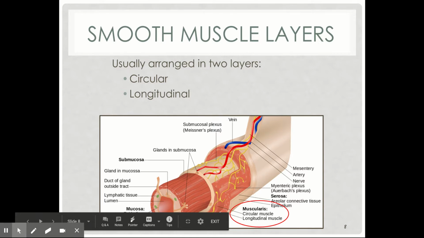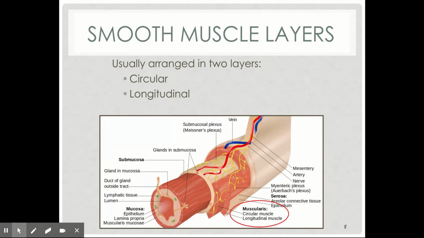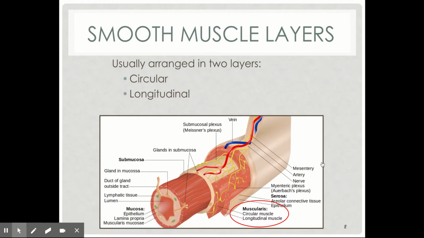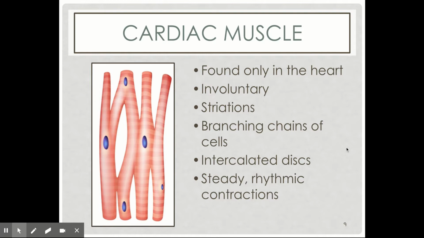And then you can see the longitudinal muscle, which is going to run in the opposite direction. You can see these long muscles here, and it's labeled right here as well. So there are circular and longitudinal layers, and this is going to help things move along in that digestive tract or in the area in which it needs to be moved.